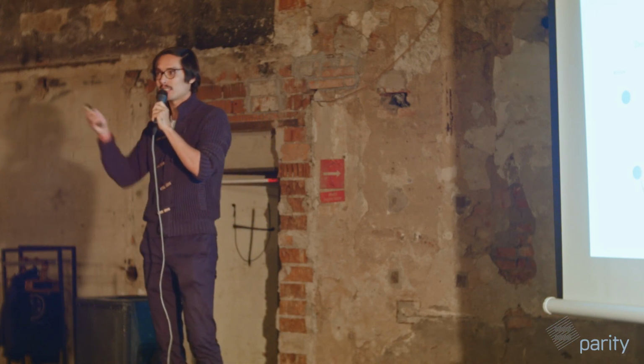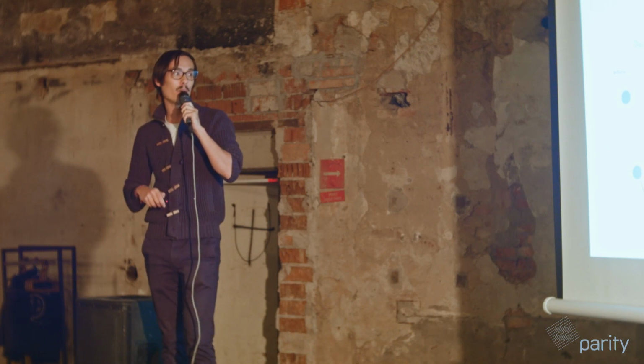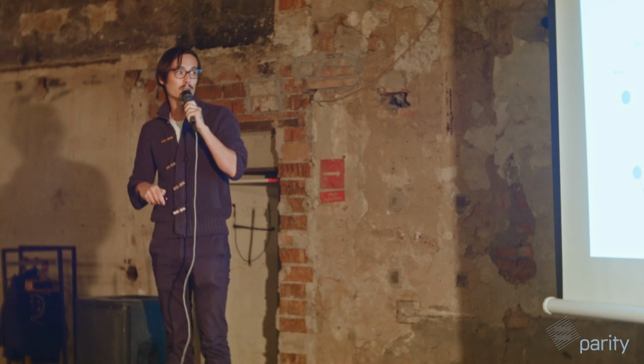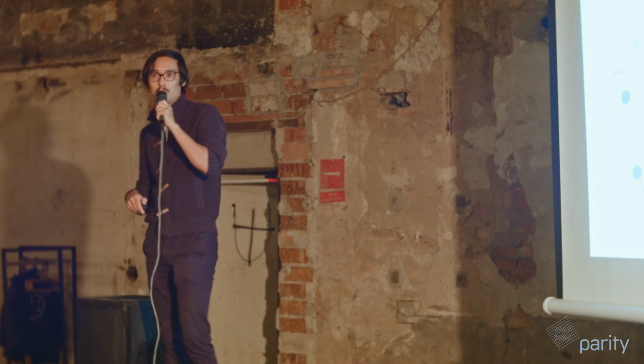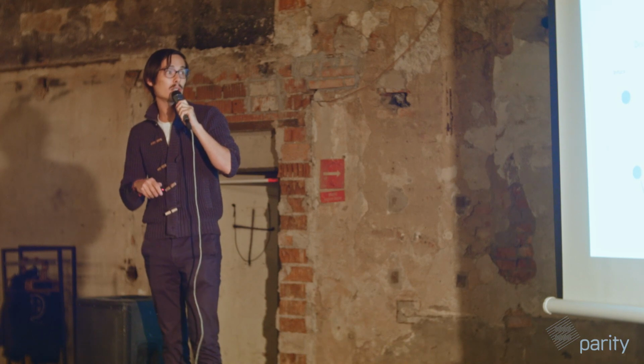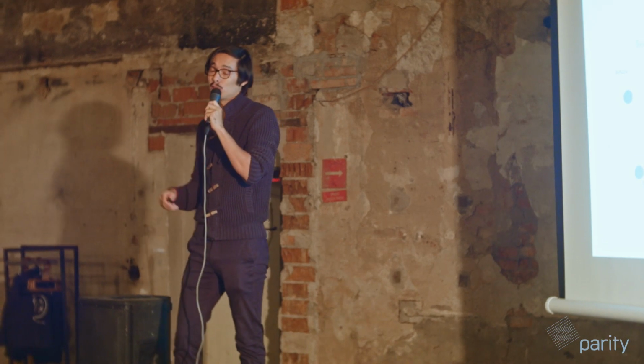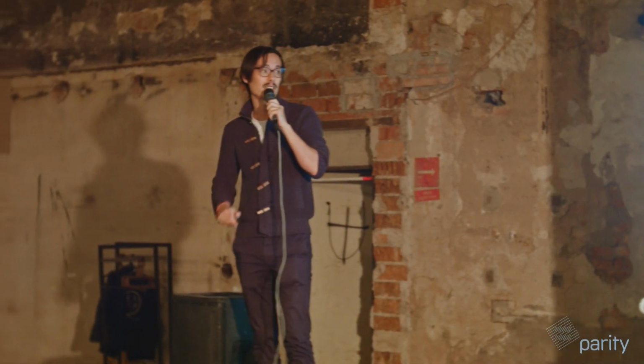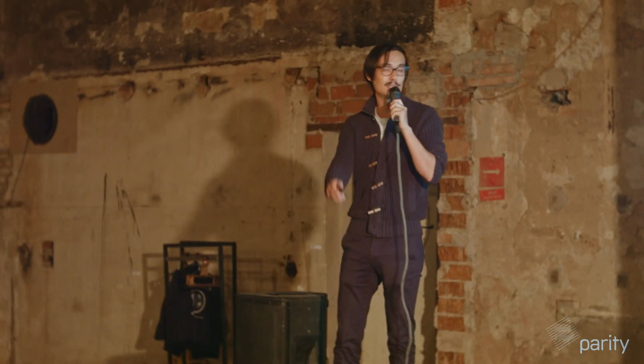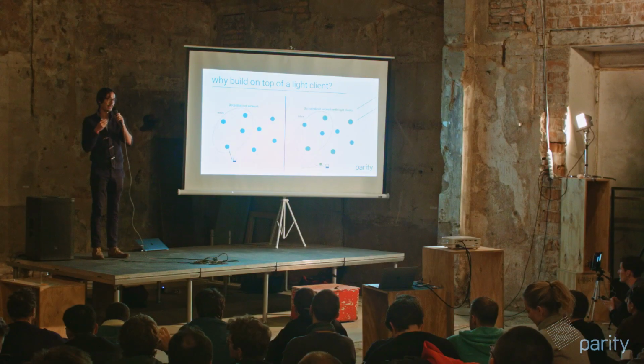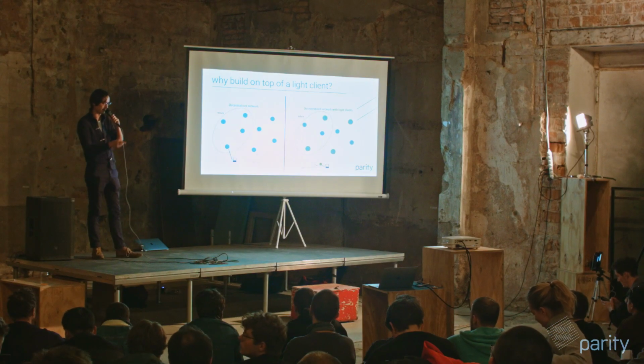And the Light client will just look for peers on the Ethereum network. So it might find one peer here that belongs to Infura. That's not a problem. But it will also find another peer that doesn't belong to Infura. And there's also another one here that it can connect to. So if one day Infura decides to just shut down, this Dapp will still continue to survive. So that's the whole idea of building Dapps on top of Light clients.